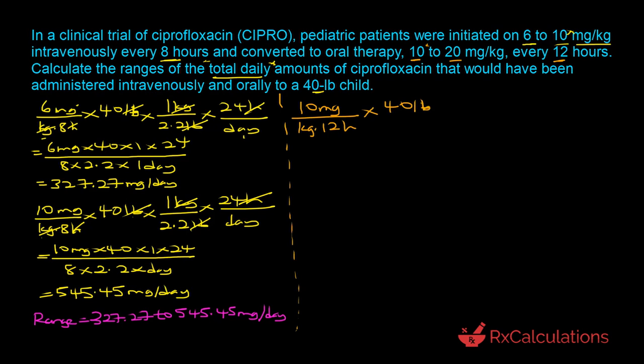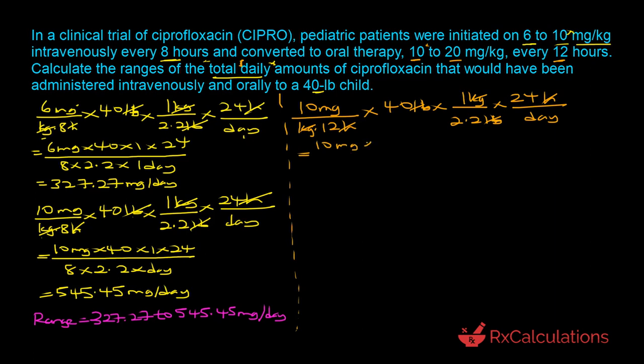We convert the pounds to kilograms, so 2.2 pounds is 1 kilogram. The pounds cancel out, the kilograms cancel out. This is for a total daily amount, so we have 24 hours in a day, and the hours cancel out. Now we multiply all the terms in the numerator.